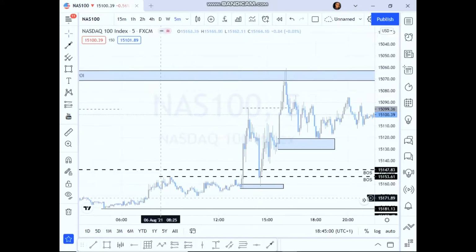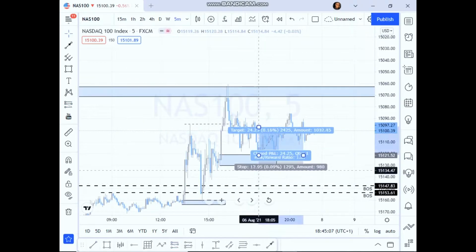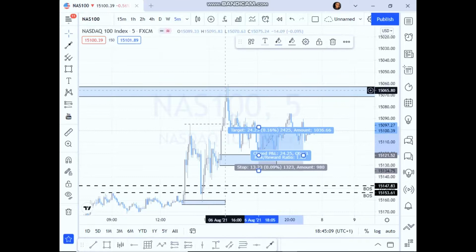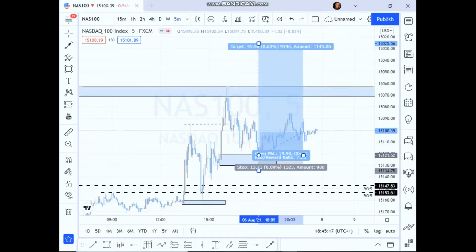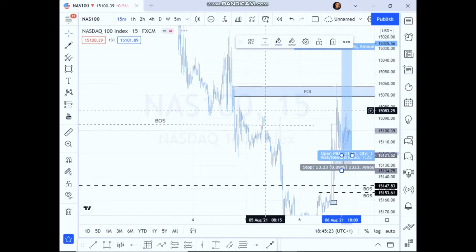So technically speaking, for the following week, we should be looking for buys because we had a break of structure and we came back to tap our OB or POI to the upside. Okay, guys, I'm left with like 30 seconds or something, but I think you can follow.